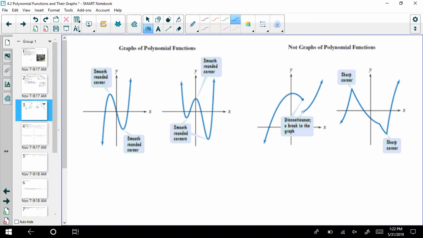So notice the ones that are, they're continuous and they have nice smooth turns. The ones that aren't, this first graph, it's not a polynomial because even though it has nice smooth turns, it's not continuous. The next one, even though it's continuous, it has sharp points to it. And those sharp points actually come from a different type of function that's not a polynomial.